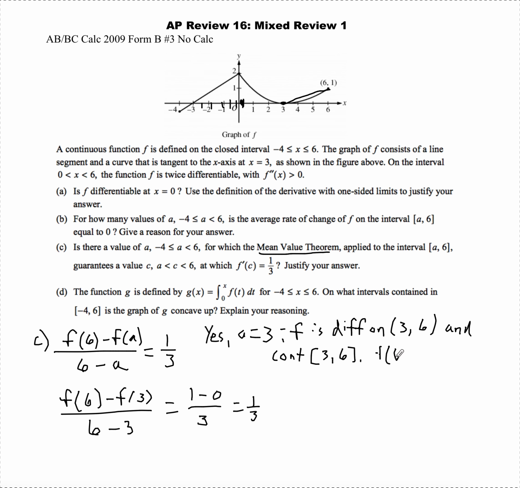F of 6 minus f of 3 over 6 minus 3 equals 1/3 by the MVT. There is a value C, and you just kind of restate.